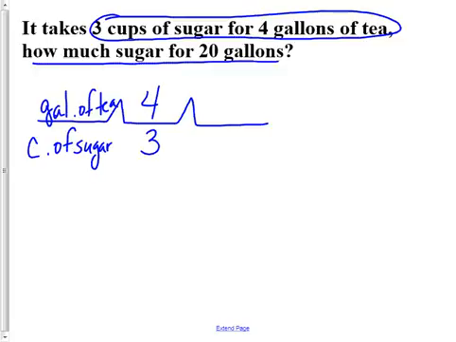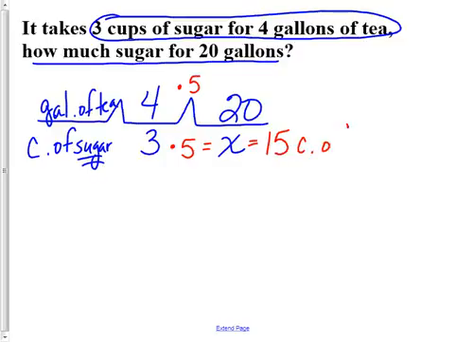So this time I'm looking for the amount of sugar, so I'm going to put my variable on the bottom because that's where my sugar is, and I'm going to put the 20 on the top because that's where my gallons of tea are. So I have to do 4 times 5 to get 20. 3 times 5 equals x, which means it's going to be 15. So my answer is 15 cups of sugar.